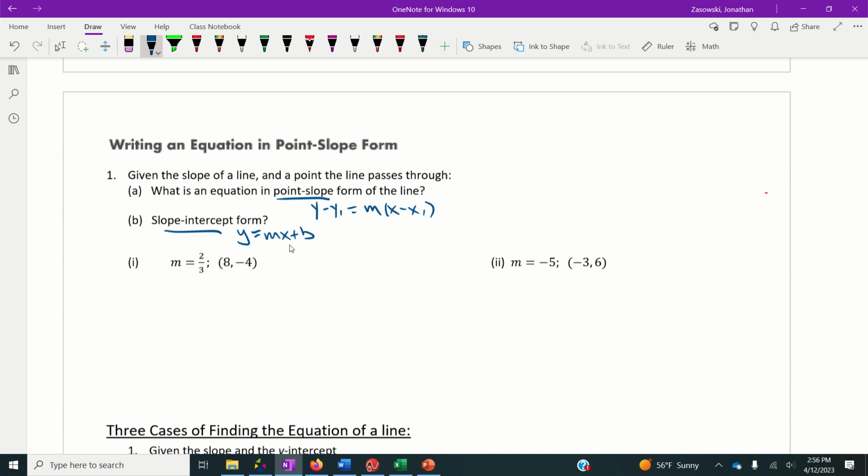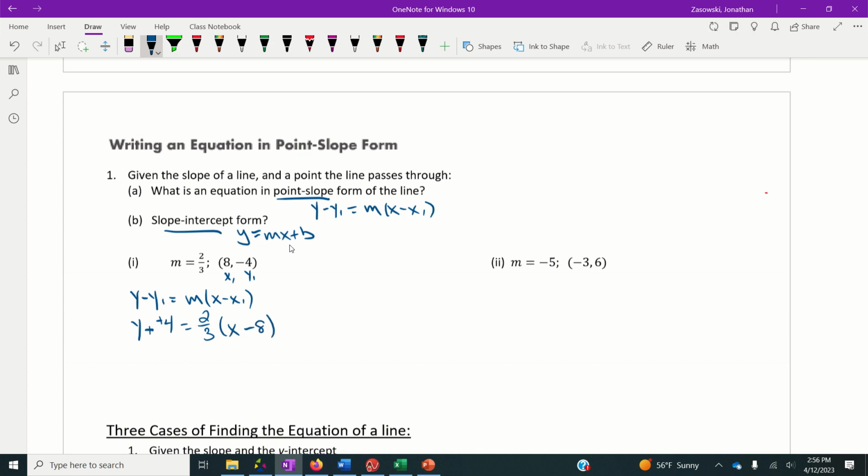Okay, so we have our point. We have m. We have 8, which is x1, and -4 is y1. Then we're going to write our formula: y minus y1 equals the slope m times x minus x1. We're going to plug in y minus a -4. As we plug the -4 into the equation, it becomes a double negative, so it becomes positive, equal to our slope, which is 2/3, and then x minus x1.